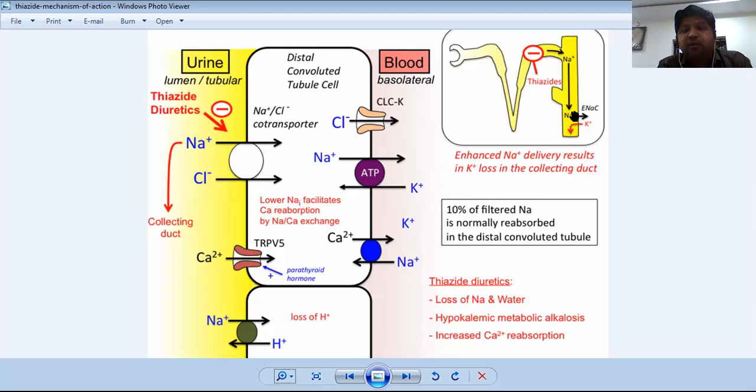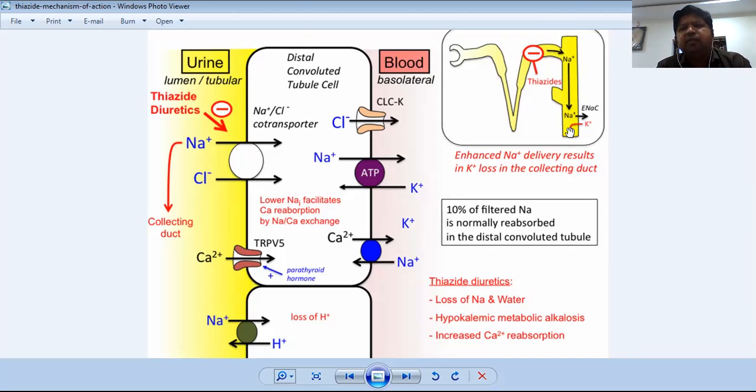But the problem is that if a certain amount of sodium is reabsorbed, it releases a certain amount of potassium into your lumen. That potassium release will cause a severe problem because the potassium levels will fall in your blood, and that is the reason behind hypokalemia.